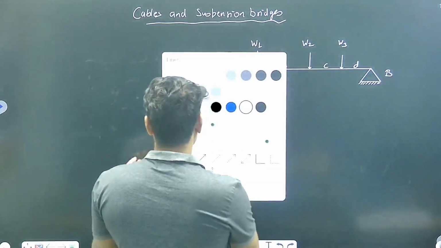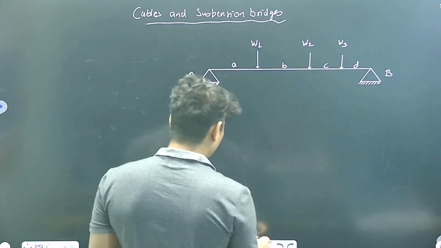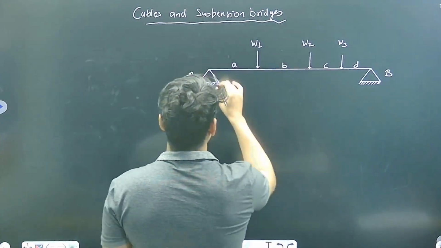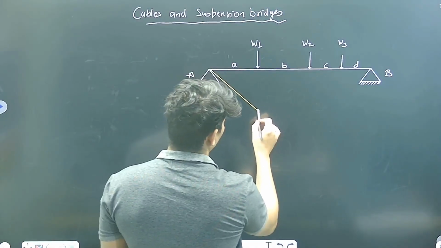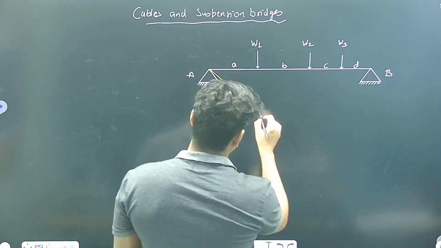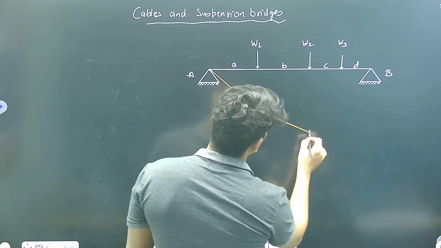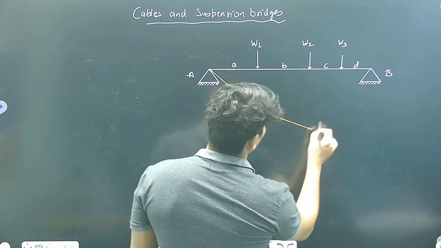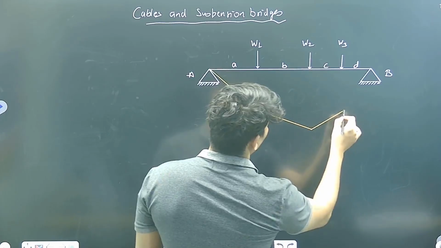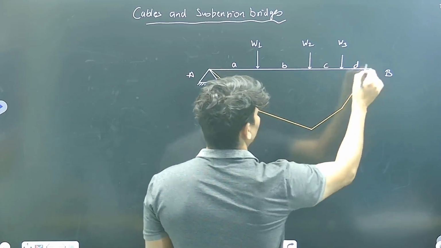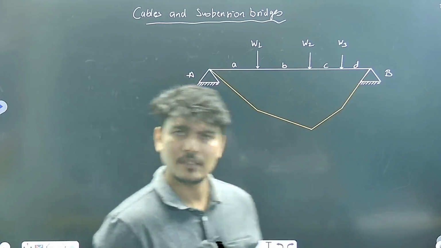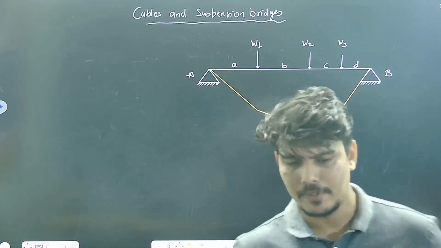It will deform in a different shape. What would be the shape? It will deform like this. Something like this. This is the deflected shape of the cable.